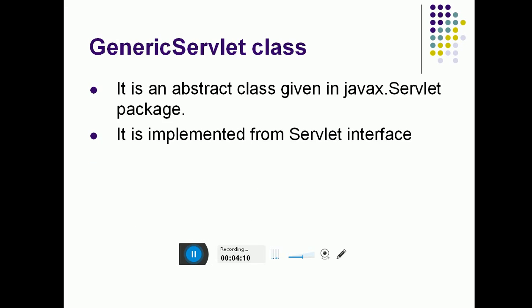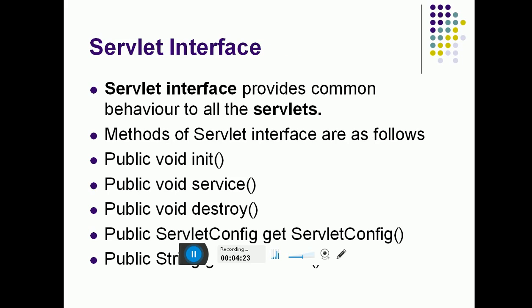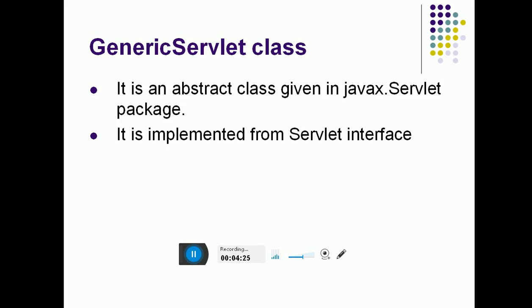The next one, the GenericServlet class. The previous one is an interface, and now this is a class. What is the difference between the interface and an abstract class? In an interface you need to override all the 5 methods, but in the case of an abstract class you do not need to override all the methods. So you can reduce your programming code.